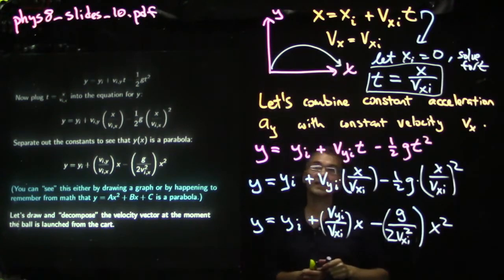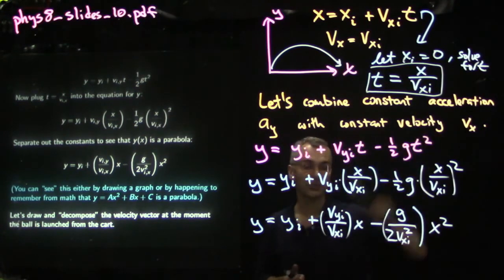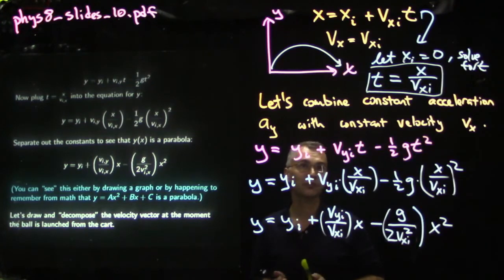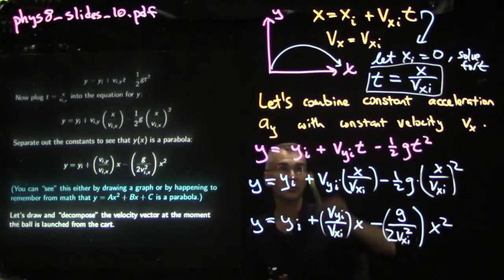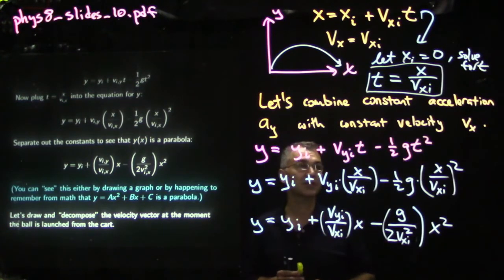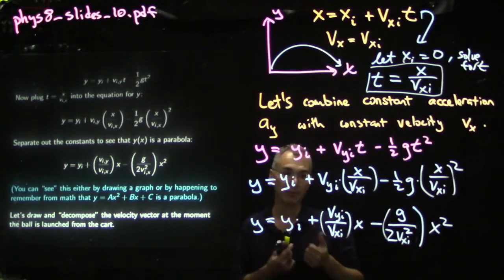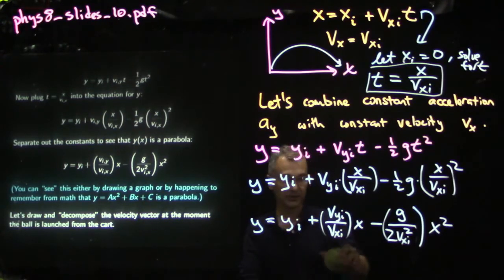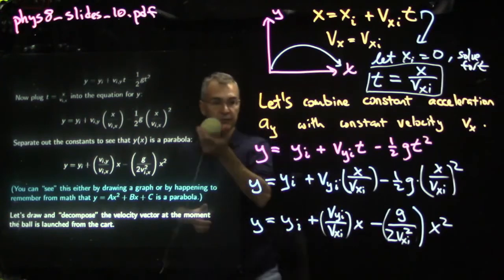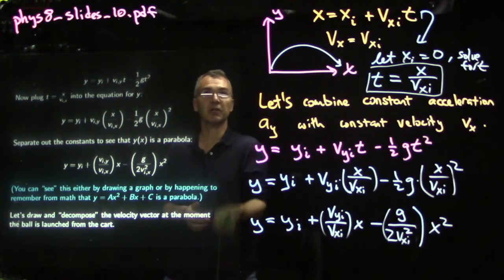So how did we get that? We combined constant acceleration, which is a kind of familiar result from chapter 3, except we're doing it now in the y variable instead of the x variable, with constant velocity in the x coordinate. And how did we achieve that? In the ball popper demonstration, we're going to take the motion of just tossing a ball up and down.